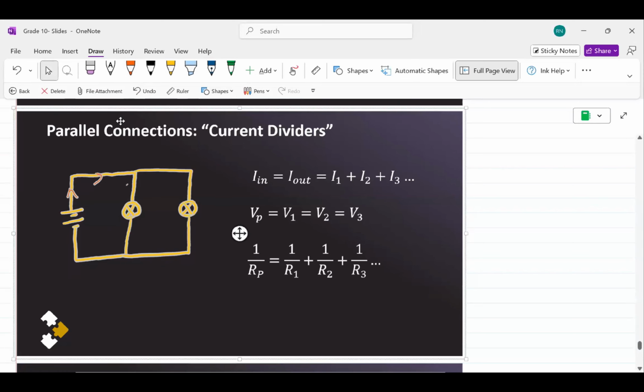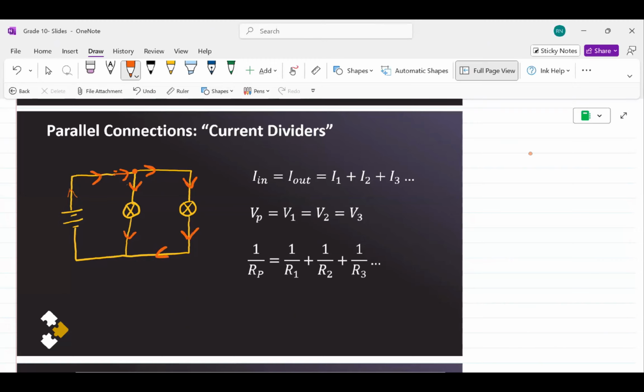So our current's going to move there. And then when it gets to this junction over here, it's going to have to decide whether it wants to go to the right or go down. And so that's how we can tell that we have a parallel circuit: our current has the opportunity to divide and branch off into two separate parts.